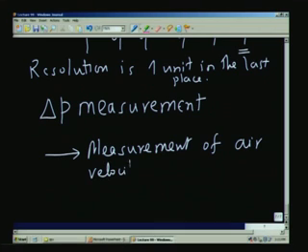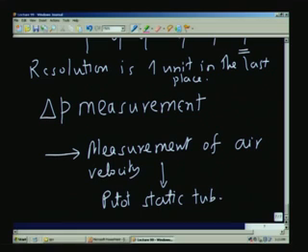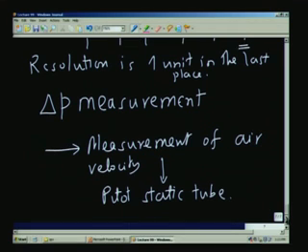The primary instrument I am going to use is a pitot-static tube. Of course, we have discussed it earlier, it is nothing new, we know about this instrument.